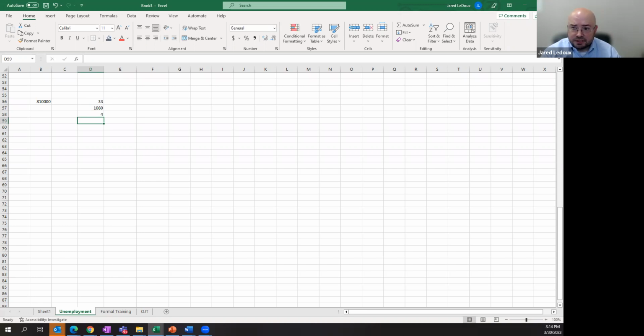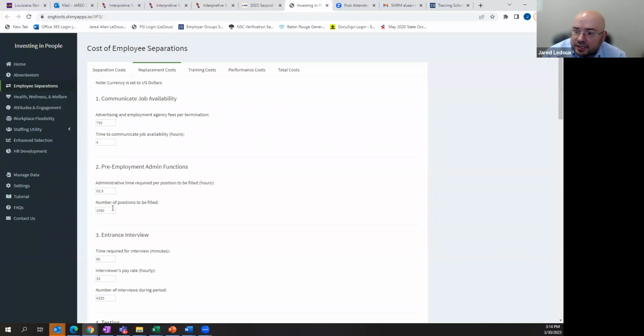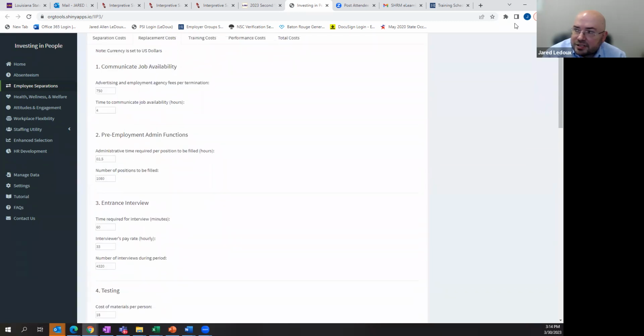Because it's 4 hours. 4 hours times 1,080 employees times $33 an hour is an additional $142,560 as well. So you can see that those are included here: the amount of time that takes to communicate job availability, as well as agency fees on the calculator.